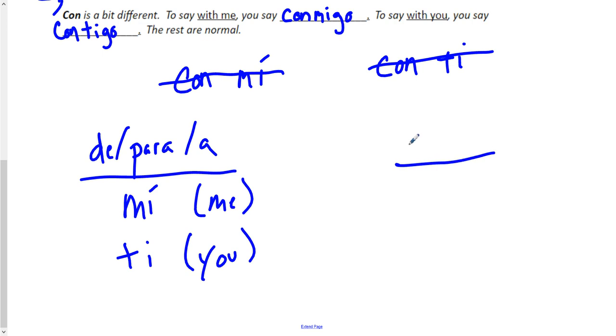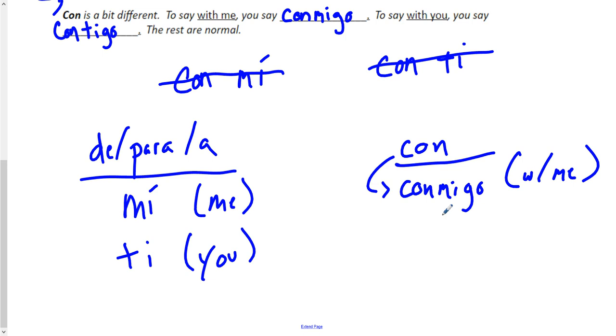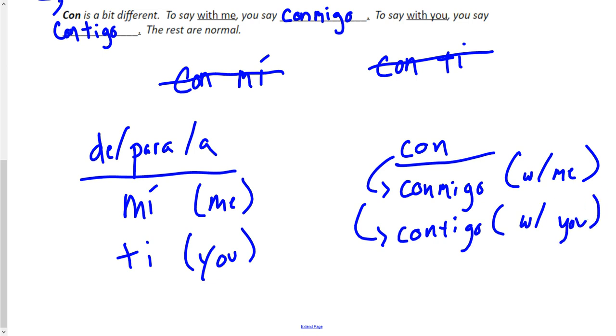If it is after con, you will have conmigo, all one word, for with me, or contigo, all one word, for with you. For any of the others, you will use the word you're used to. So you would use él, you would use ella, you would use nosotros. But if you're translating from English, you will be seeing a word that looks different.